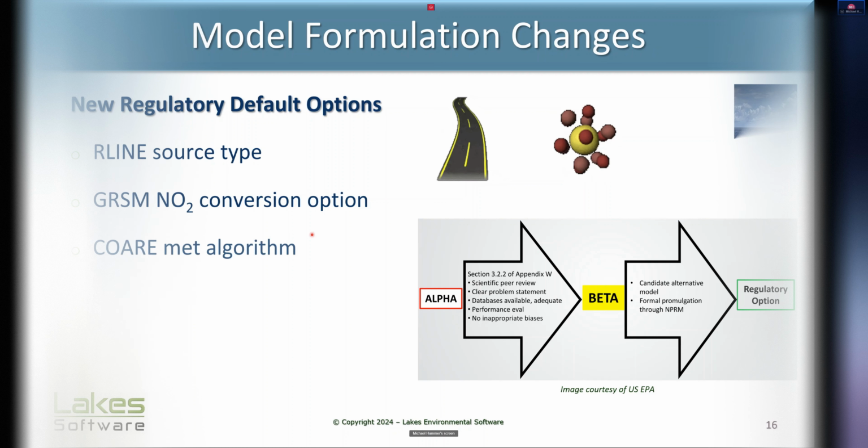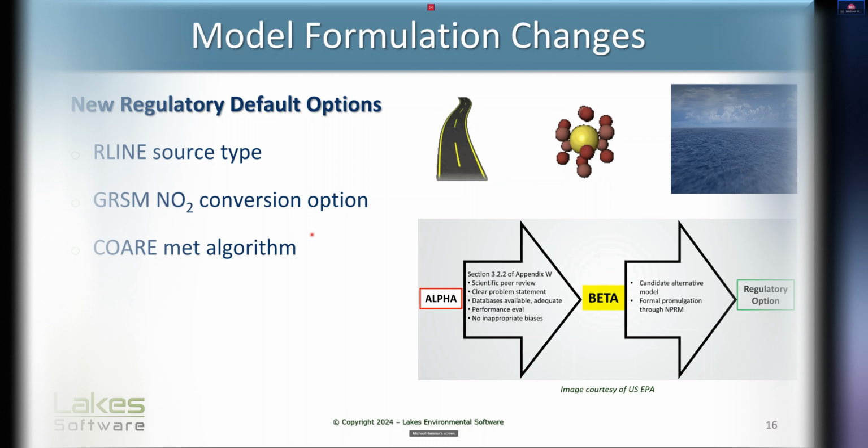The third elevated model option is the COARE meteorological algorithm. COARE stands for the Coupled Ocean Atmosphere Response Experiment, and it is used in meteorological data pre-processing to assess overwater marine boundary layer environments. AERMET, when run in its default mode, assumes a land-based system and convective parameters are calculated over land.